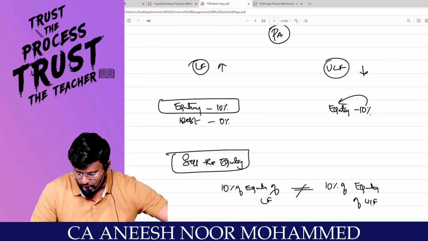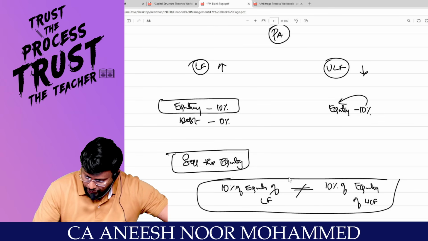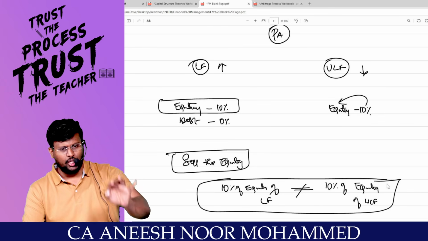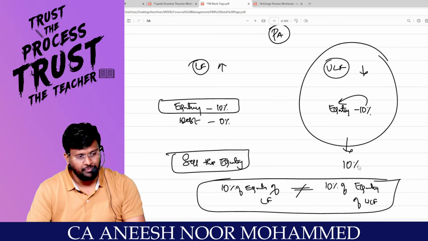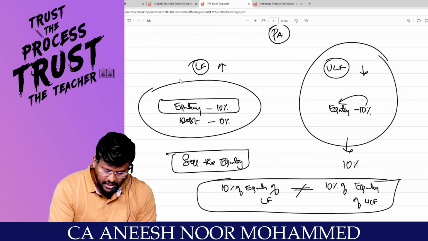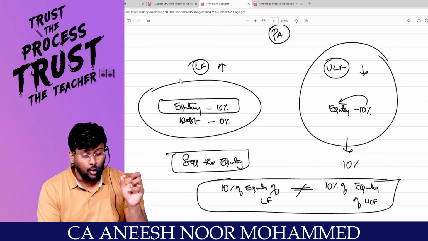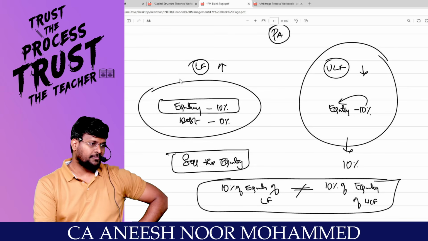Why, sir? The reason is very simple. If I am holding 10% equity of the unlevered firm, I am holding 10% of the company. But if I am holding 10% equity of the levered firm, I am holding only 5% of the company.